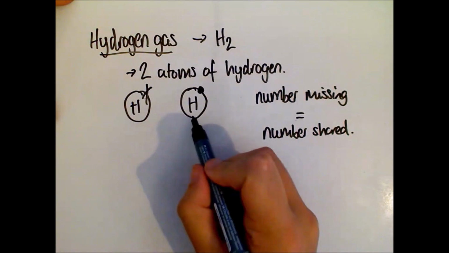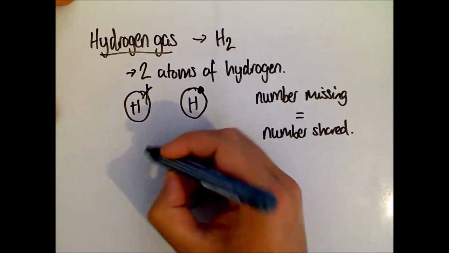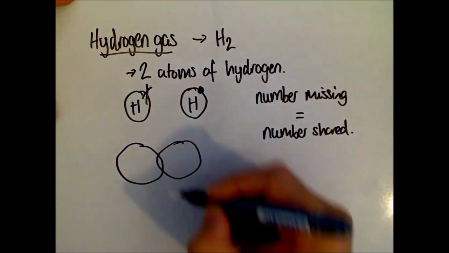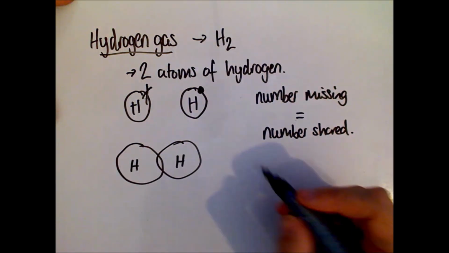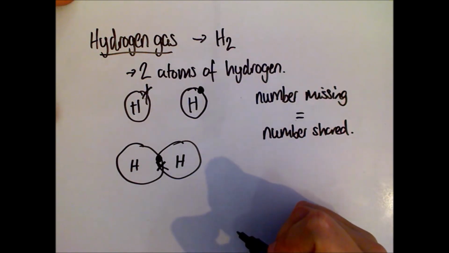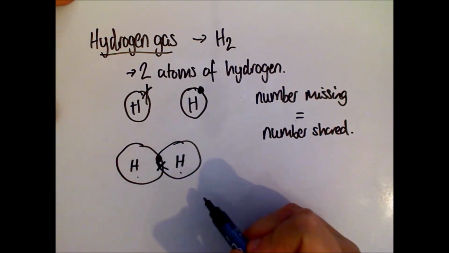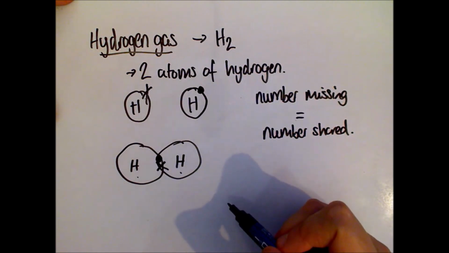So each of these atoms will share 1 electron, and we draw them with 2 overlapping shells, and those shared electrons, the dot and the cross, in the middle. That is our covalent bond. Each atom now has 2 electrons in its outer shell, and that charge is going to hold them together.